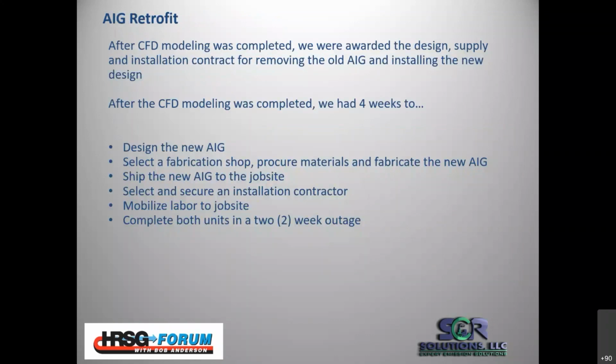So then from that point, it was, okay, here's the solution and we need to fix it. We were given the contract to design the new AIG, and we had to do all these steps in basically 4 weeks, which was pretty hectic, but we were able to do it. We needed to complete both units in a 2-week outage, so that required round-the-clock construction.